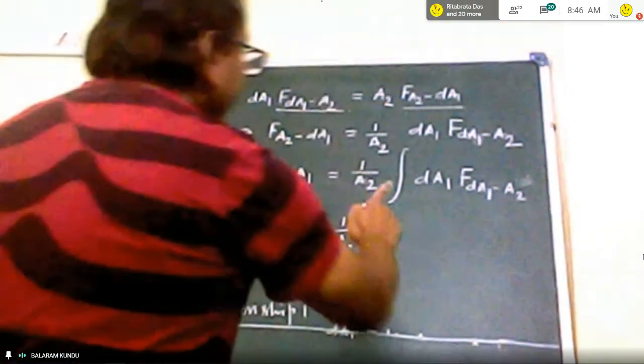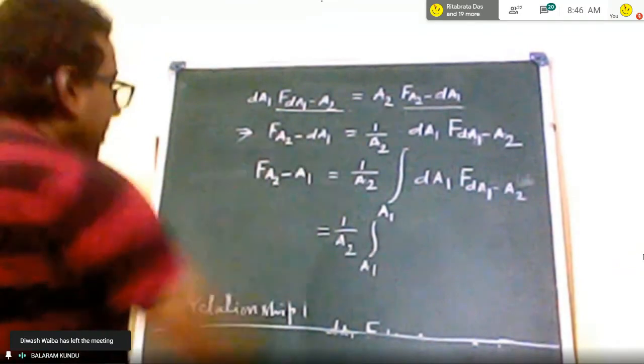Then shape factor dA1 A2 into dA1. So another integration symbol should be there.